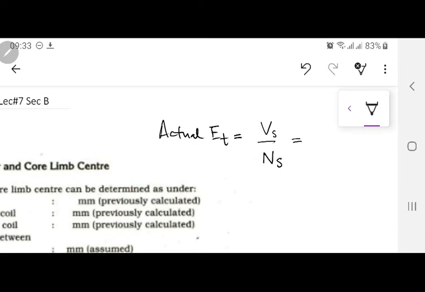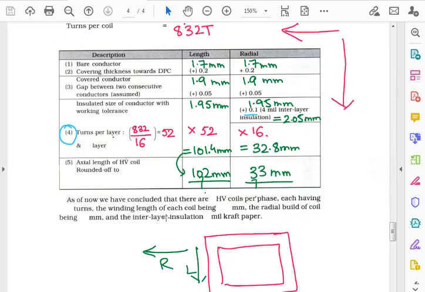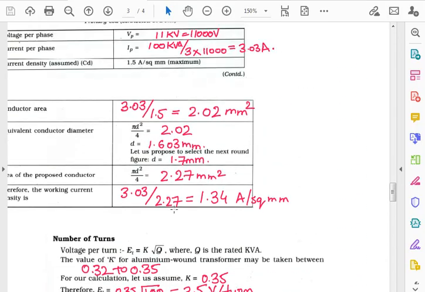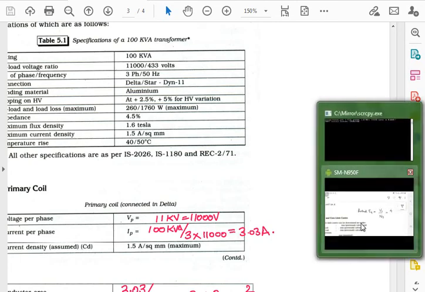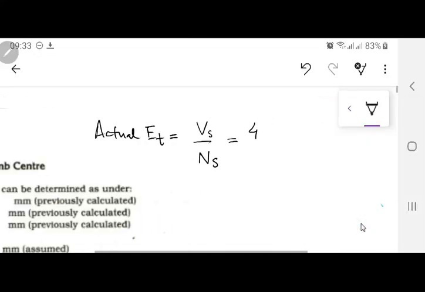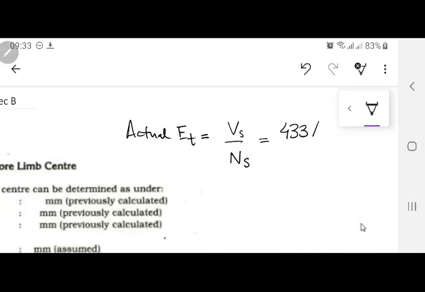What was Vs, the secondary voltage per phase? This is 433, so certainly this is going to be 433 divided by under root 3, because this is a Y connected.